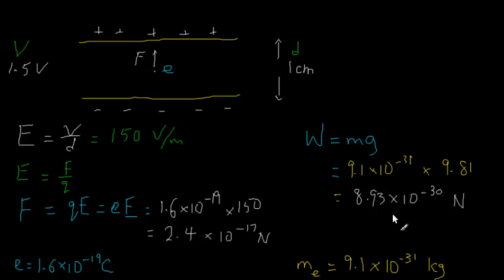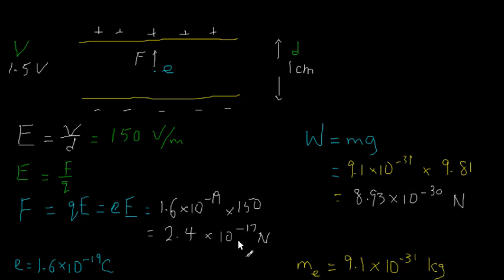Let's compare the weight of the electron with the force from the electric field, from the electrical forces from these parallel plates. The electrical force is of the order of 10 to the power of minus 17. The gravitational force is of the order of 10 to the power of minus 30, or maybe minus 29 if you take that to be about 10.